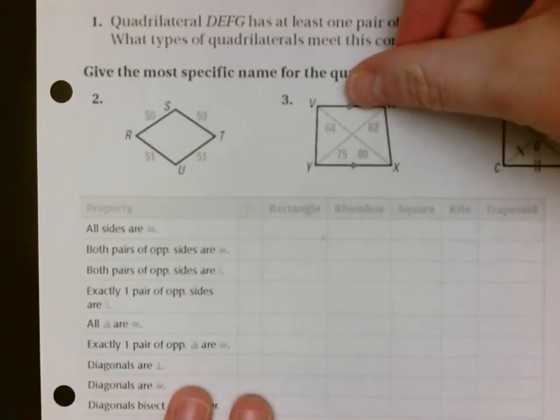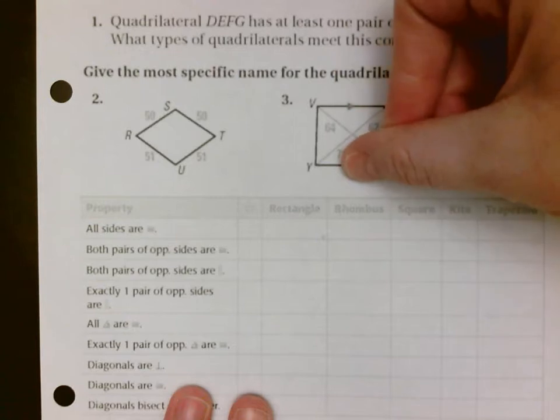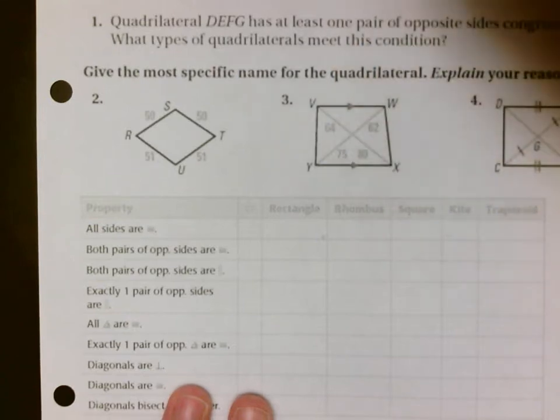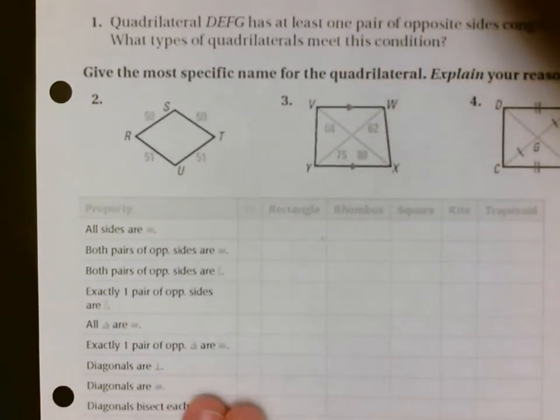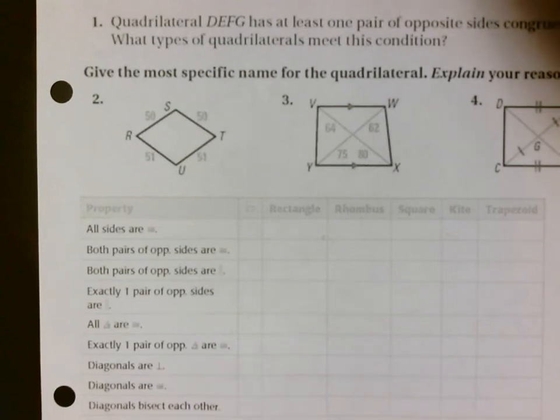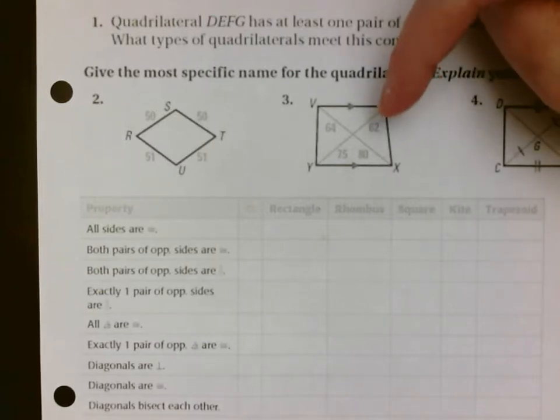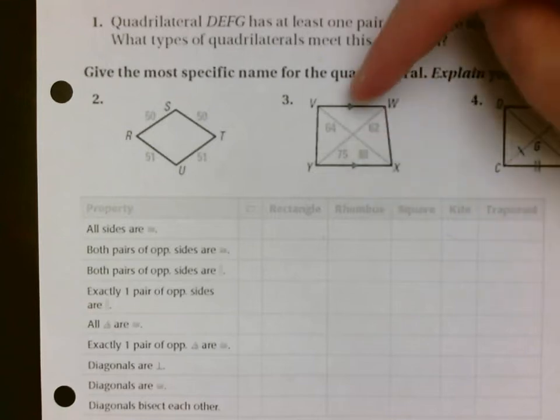On number 3, you have one pair of opposite sides being parallel, so you have at least one pair of opposite sides being parallel. Based on that, you have a pair of parallel sides. The definition of a rectangle is 4 right angles, but you could use diagonals are congruent to prove that. They are also a rectangle if you have congruency.